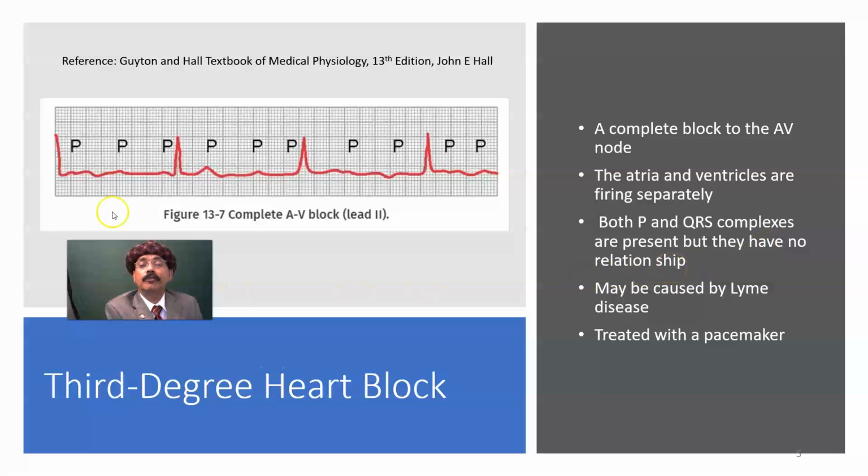It's a chaotic situation. P to P is regular. QRS to QRS is regular, but P is not correlated to QRS. Atria do not control the contraction of the ventricle.